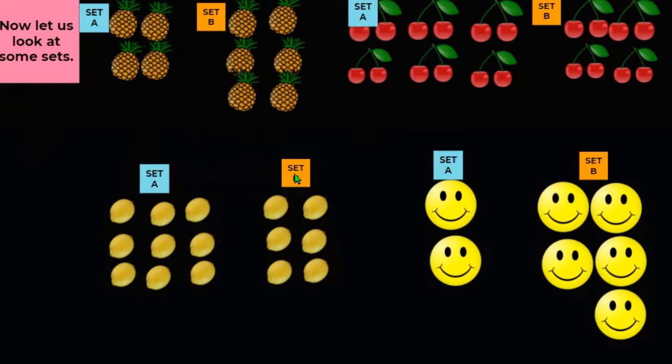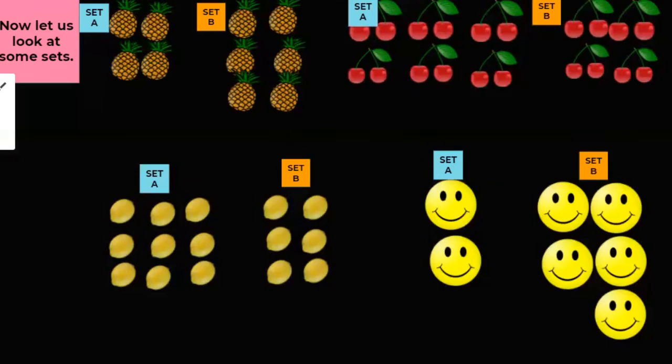The lemons, set A, set B. The cherries, set A, set B. The smiley faces, set A, set B. Now what we're going to do with these groups is to compare them.